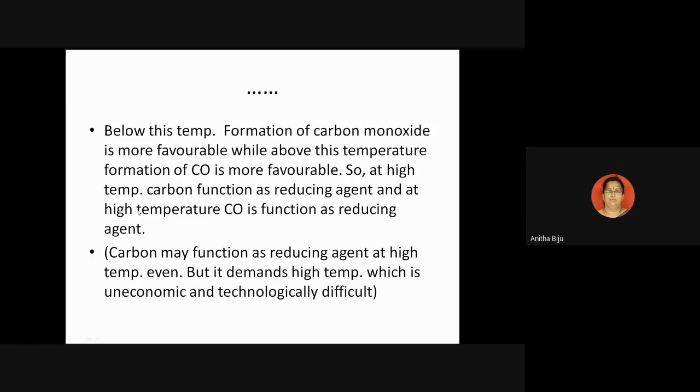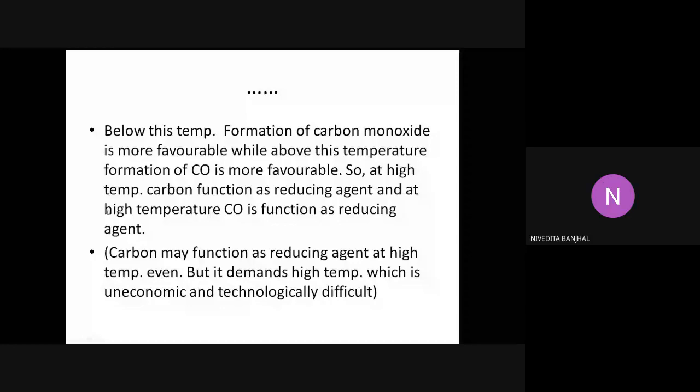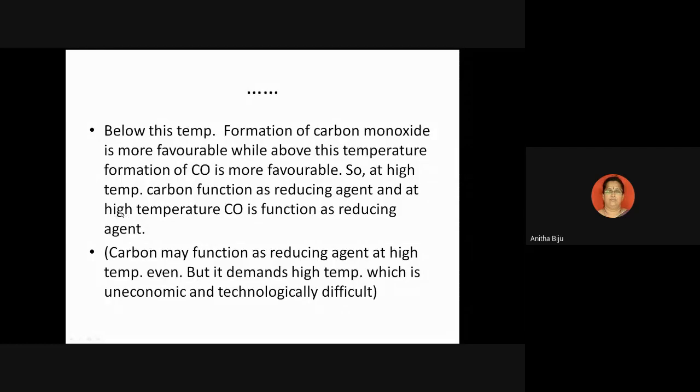Hardik, has this correction been done? Yes, ma'am. Just one second. Nivedita? Yes, ma'am, done. Nivedita, has this correction been done? Instead of high, here you have mentioned at a low temperature. Okay? Yes, ma'am. Yash?